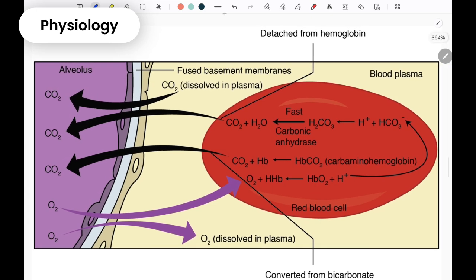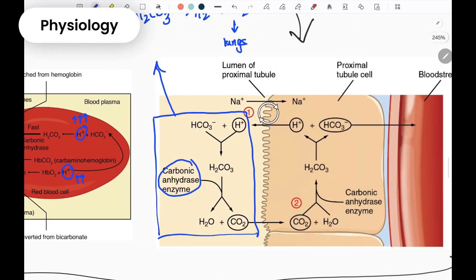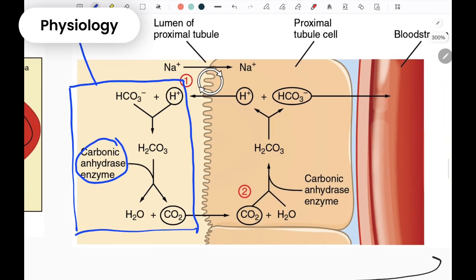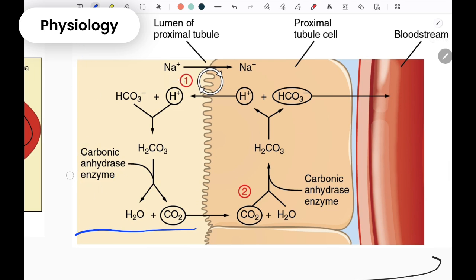Let's say that the body has produced a bunch of CO2 and we're not getting rid of it. When this goes up and we are not getting rid of it, a lot of the H plus ions start to back up. But in bicarb, what happens is when the bicarb starts to back up, it's not getting replaced by the H plus ions.